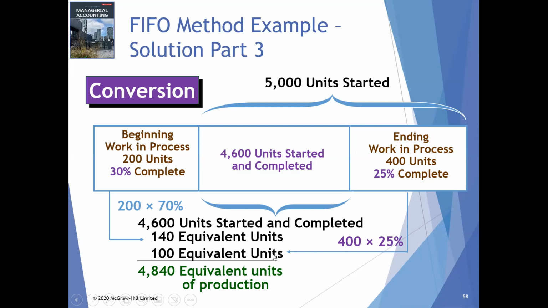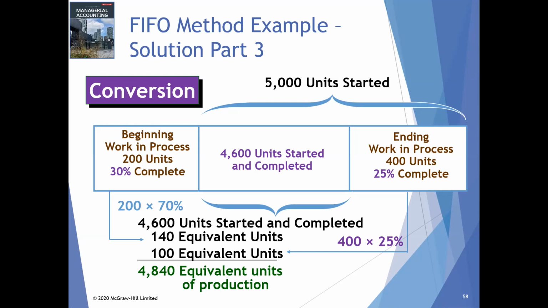For the conversion, at the beginning, 30% was completed, but we know that 70% was remaining. According to the FIFO method, first in, first out, this material came first. So definitely 30% of that was completed. Now the rest, 70%, we will calculate on the beginning. It means 70% of 200 is 140, that will be the equivalent unit.